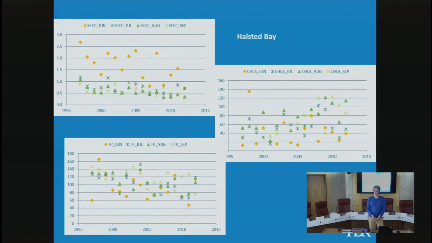Is it so bad down there that you have to do some type of in-lake treatment, say an alum treatment or something like that? That's what might come out of at least the second phase of this data analysis. It hasn't.